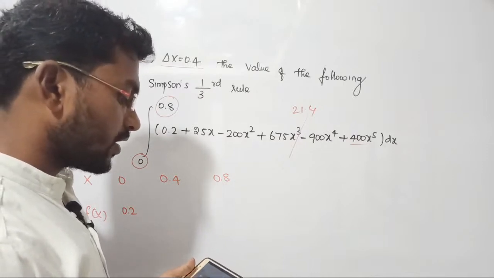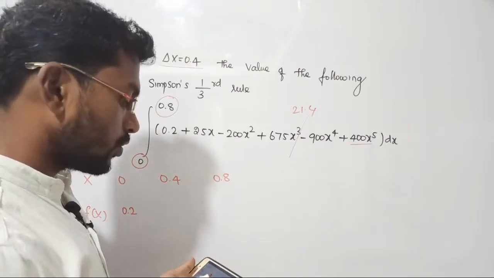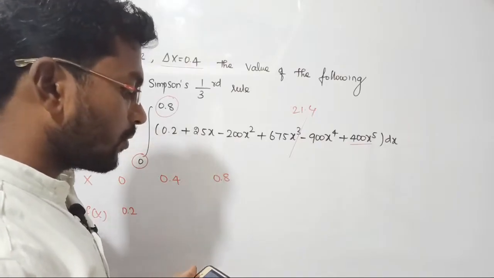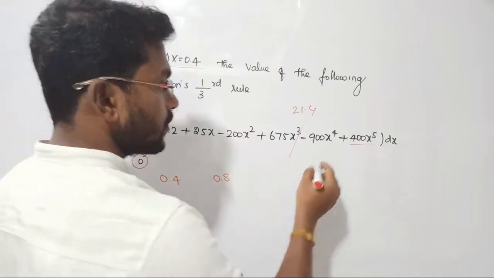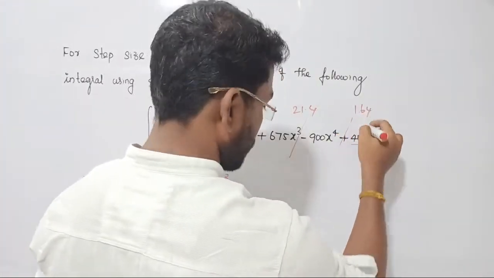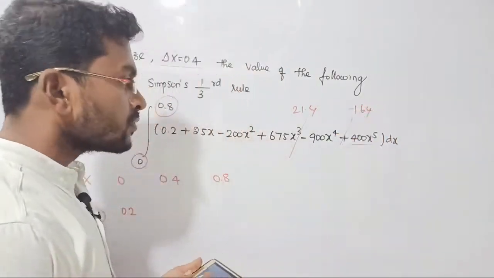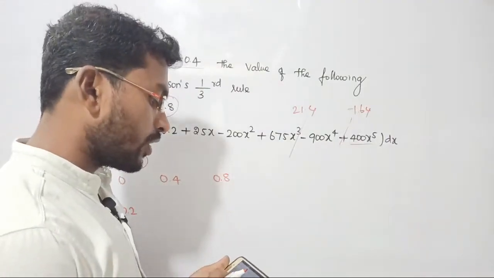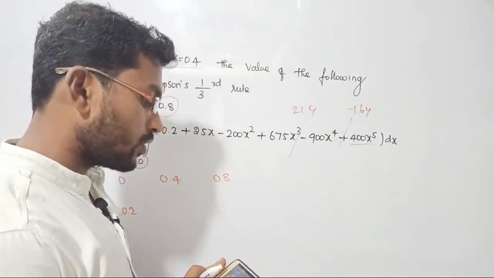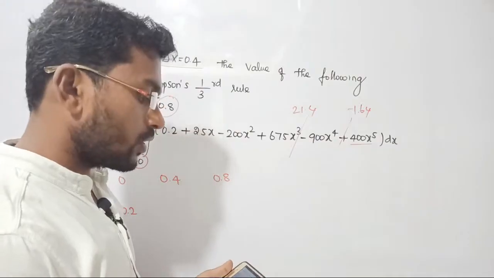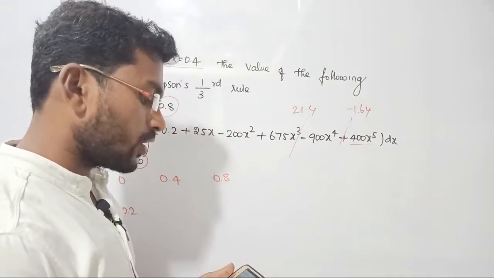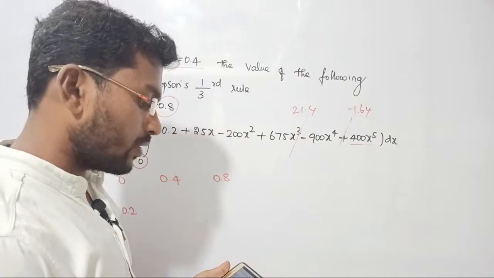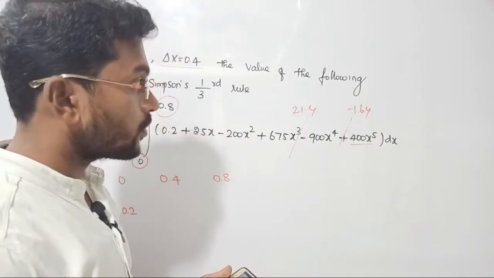We should change the sign. With this I have to consider 21.4. I'm getting minus 1.64, right? Up to this point I got 1.64, but that is minus. And then we should consider 0.4, raise the power to 5, multiply it by 400, and then we should add or subtract 1.64 from this.